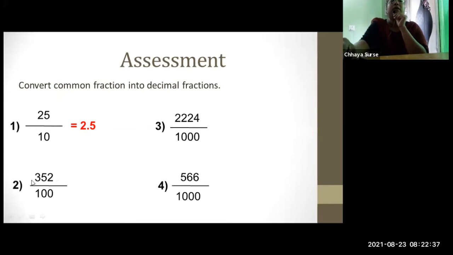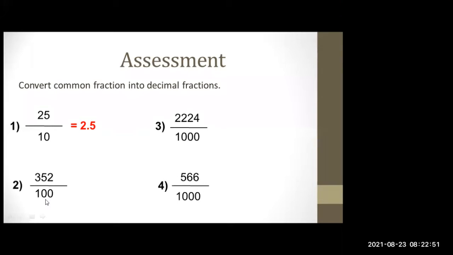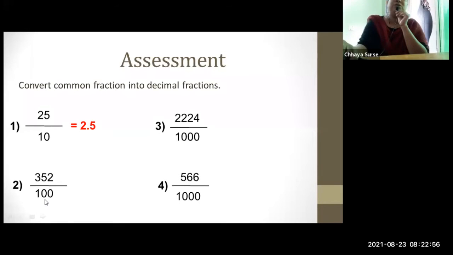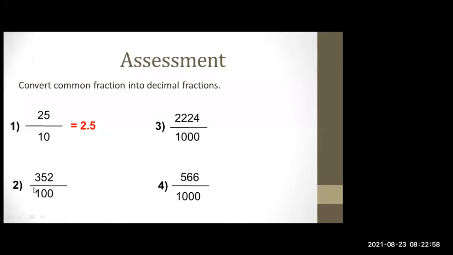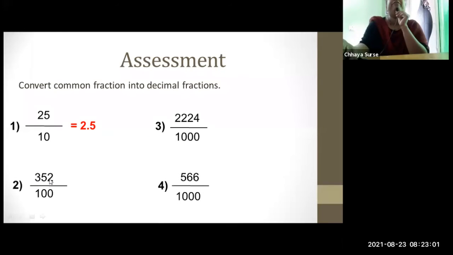Next one, 352 upon 100. Now how many zeros are here? 2. Very good. Here 352 is a 3-digit number and this is also a 3-digit number. So according to the number of zeros, where will you give the decimal point?